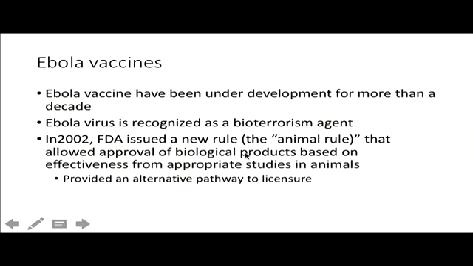Another key coming together was, and this has been around for some time, the so-called animal rule that would allow accelerated development of vaccines or drugs based on results from animal studies that were acceptable to the field. And so I'll come back to the animal rule in the last slide.